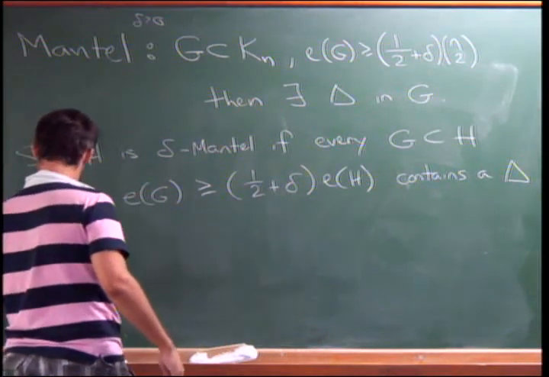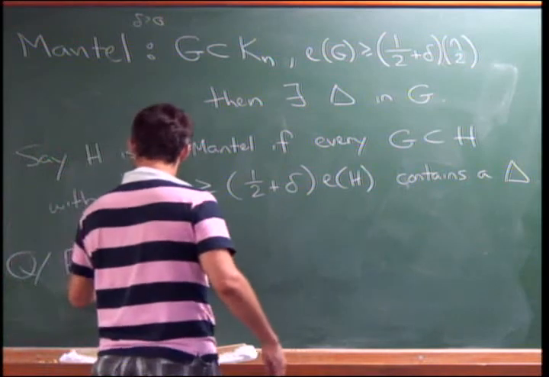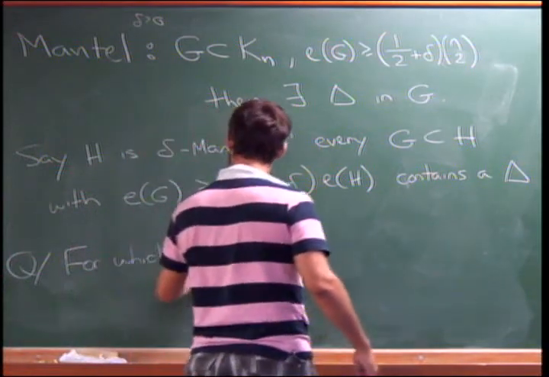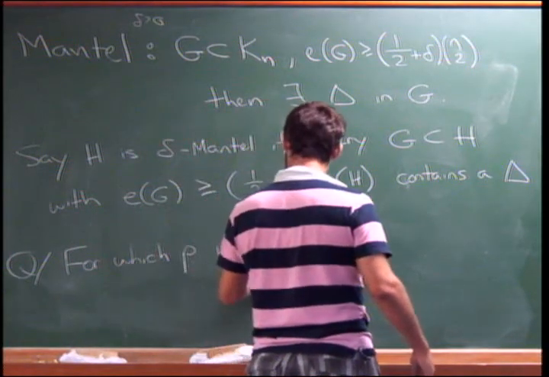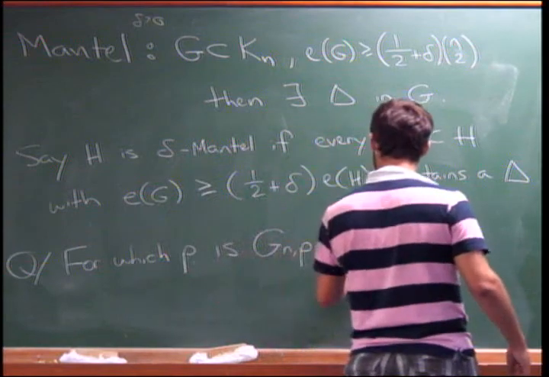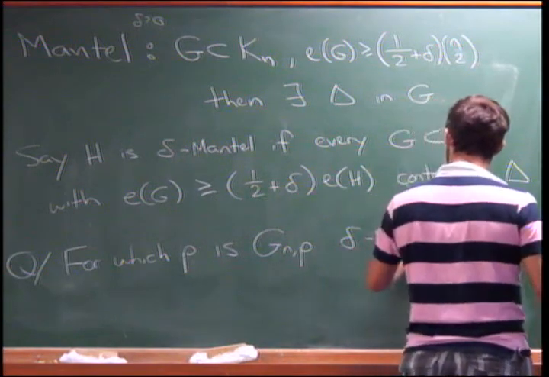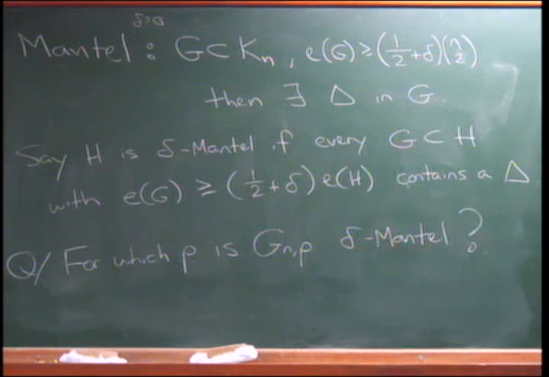The question is, for which p is G(n,p) delta Mantel?